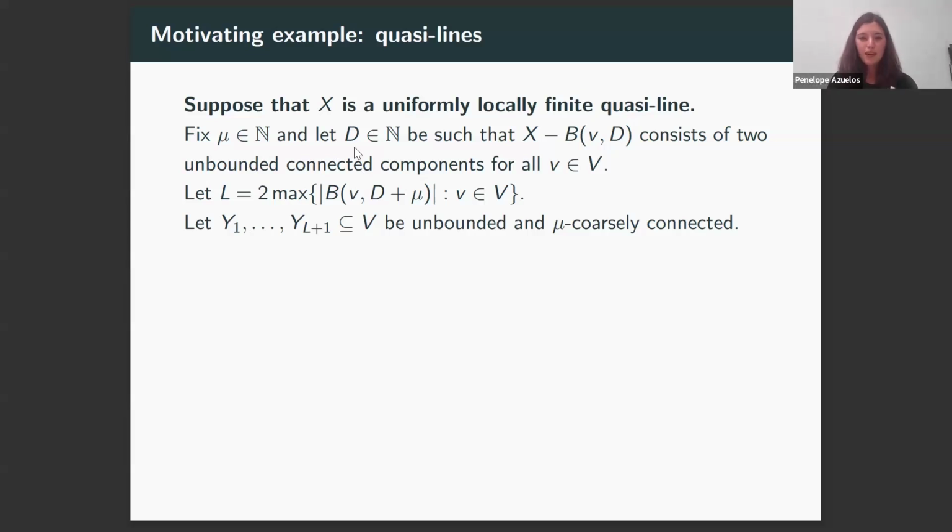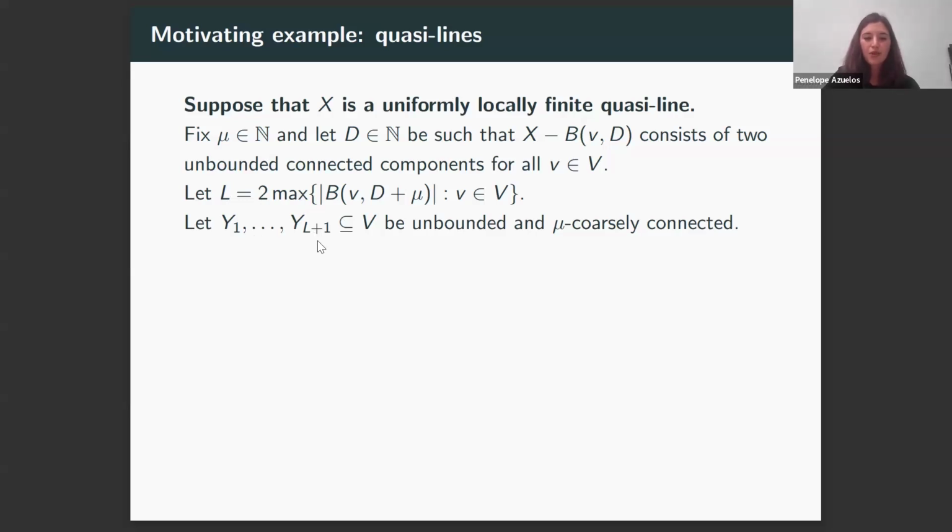You're always going to be able to find a constant d, which only depends on the quasi-isometry constants, so that every single ball of radius d in your quasi-line separates the space into two unbounded components. This is always true, and this is what d is doing. And then I'm just going to fix mu to be something arbitrary. And now the constant L corresponding to mu is twice the maximum number of vertices in a ball of radius d plus mu, which is well defined because X is uniformly locally finite.